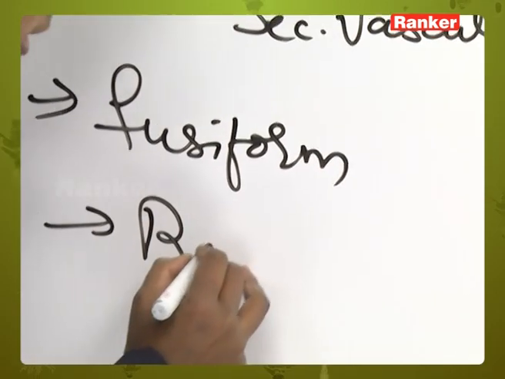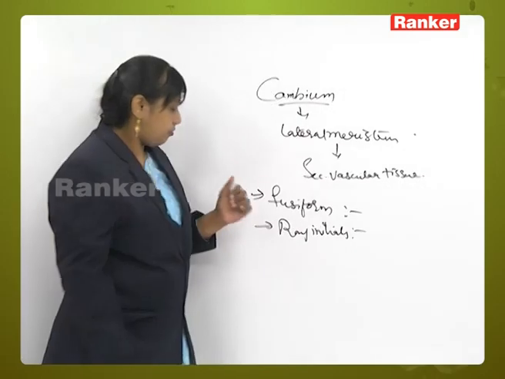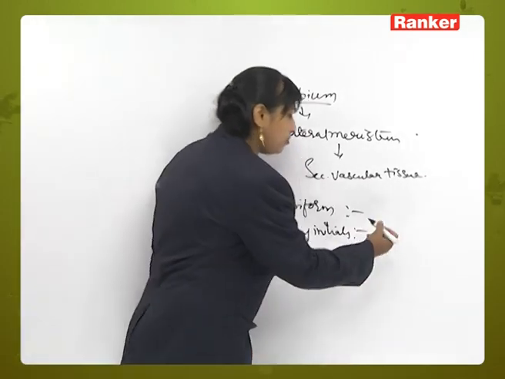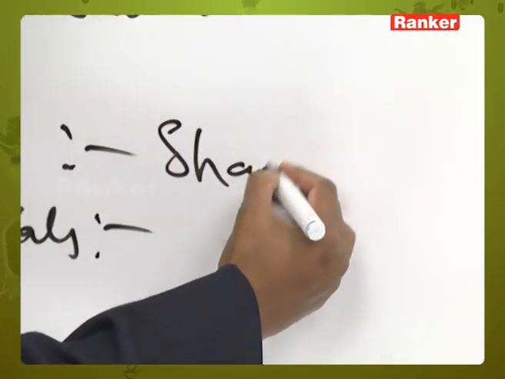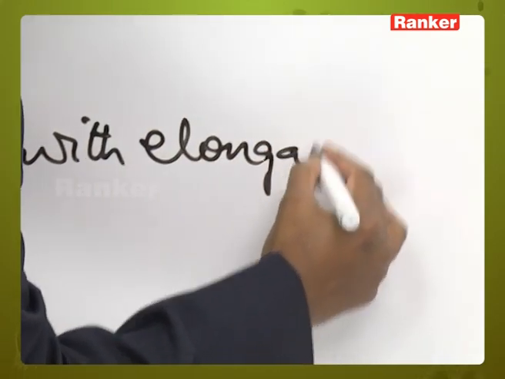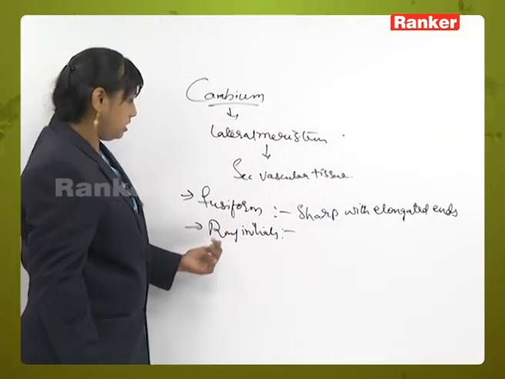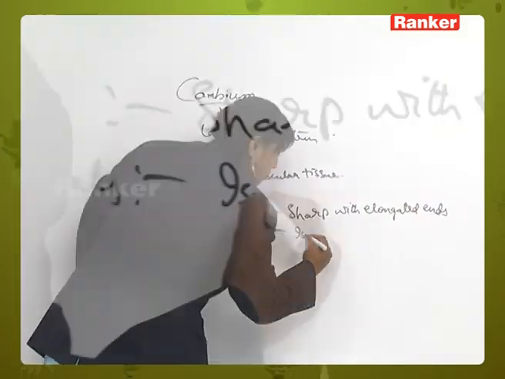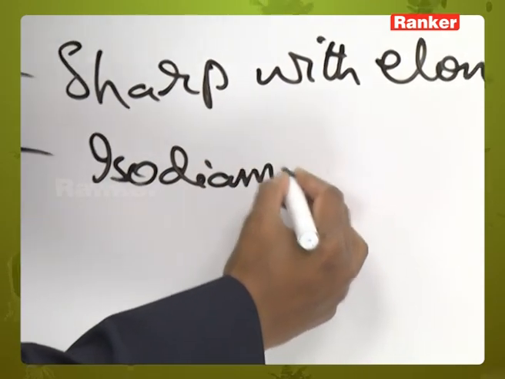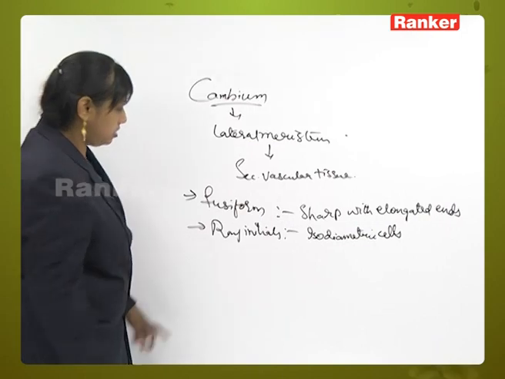and ray initials. Okay. Fusiform initials are sharp with elongated ends, and ray initials are isodiametric cells with a flat axis.